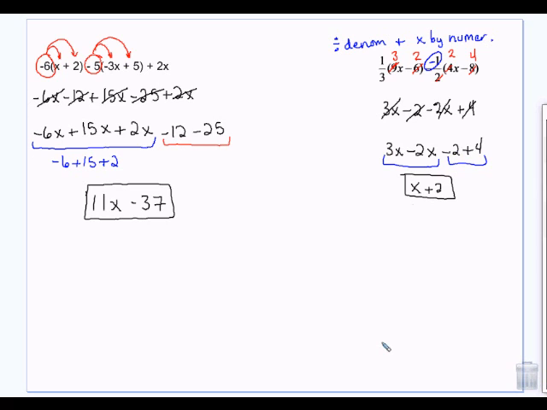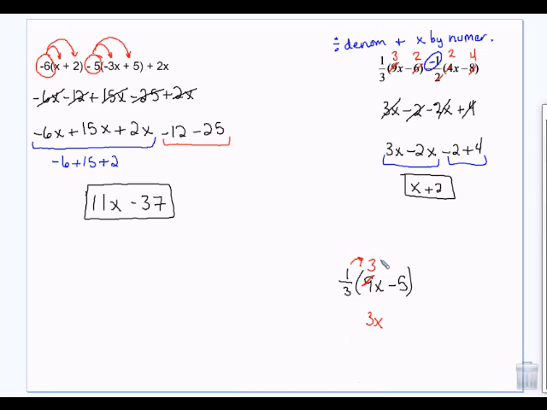Now, let's just say I'm going to take this first part. If I had 1/3 times 9x minus 5, 3 goes into 9, but 3 doesn't go into 5, right? So I'm going to take that 3, and 3 goes into 9, and I'm going to multiply and get 3x.